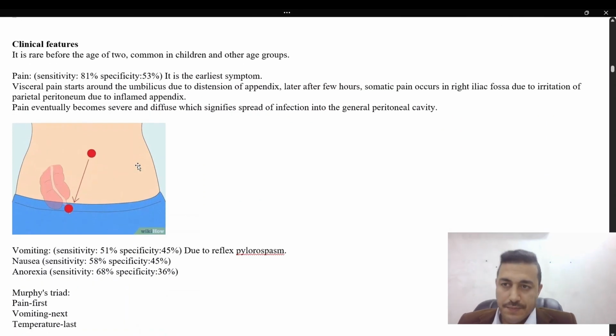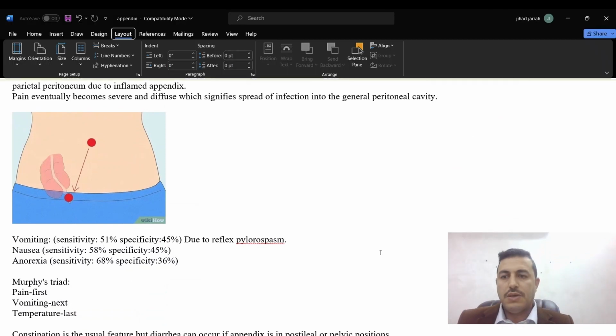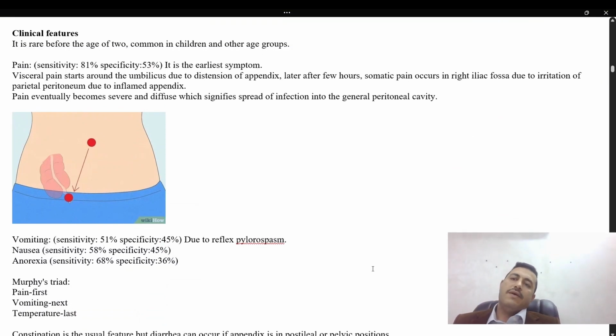Clinical features. Clinically, we have to recognize that it is rare before the age of 2. It is more common in children and other age groups, as we said, in the second and third decades. We have pain as a clinical feature with high sensitivity and specificity. It is the earliest symptom.